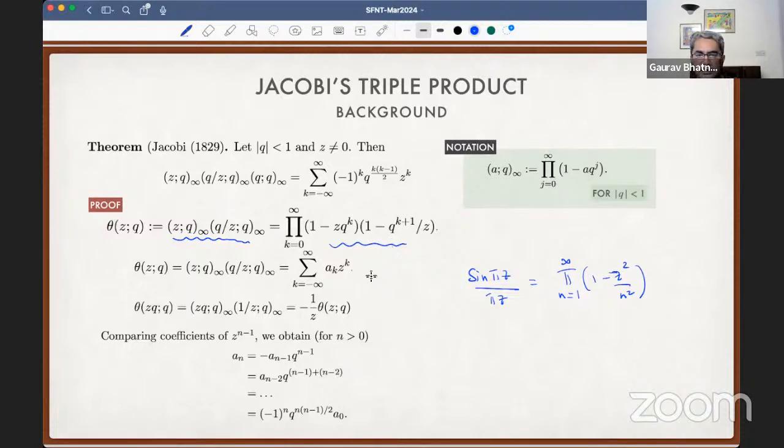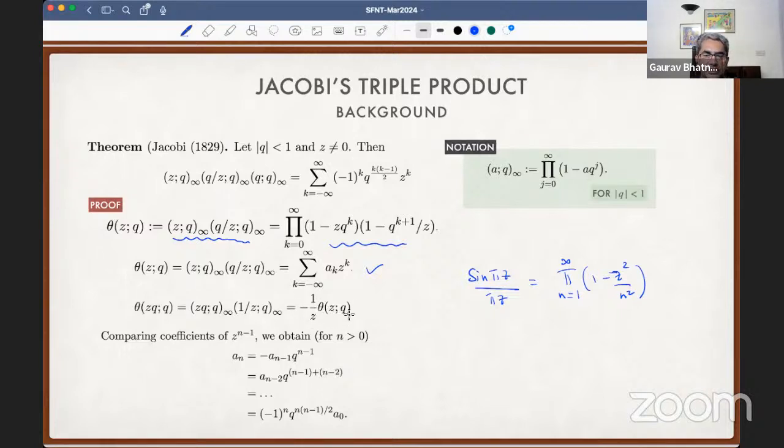So you can write it as a Laurent series, and then it's fairly easy to see the quasi-periodicity. If you replace z by zq, then in the product most of the terms cancel and you get -1 over z times theta of z.